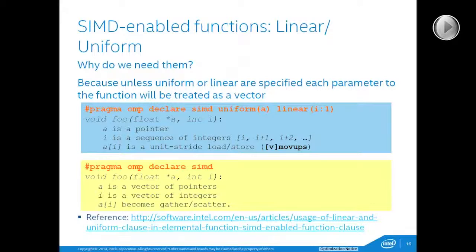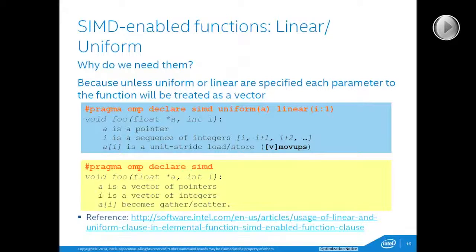You could see that you have a function foo which accepts a float pointer and an integer i. If I want to enable this as a SIMD-enabled function, all I specify is pragma OMP declare SIMD at the function prototype. And what the compiler does is a direct translation of this scalar function to a vector equivalent, which means it's going to translate my first argument, a float pointer, to an array of float pointers, and the second argument, an integer, to an array of integers.